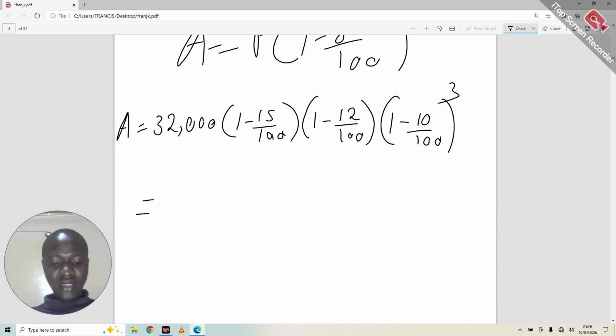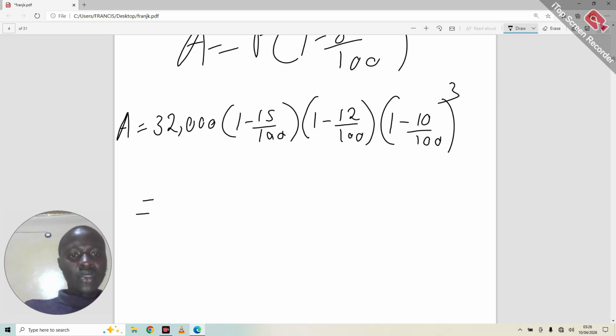So guys, press that in your calculator. I also have mine, so let's do it together. 32,000 into 1 minus 15 over 100, 1 minus 12 over 100, 1 minus 10 all over 100, then answer powered to 3.